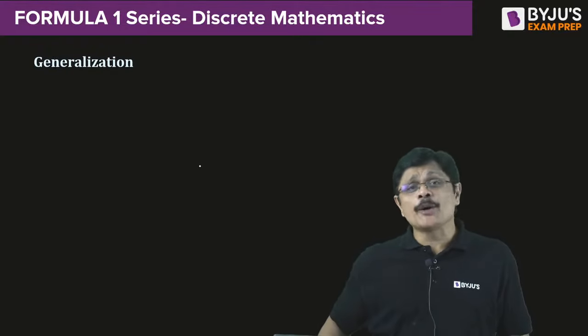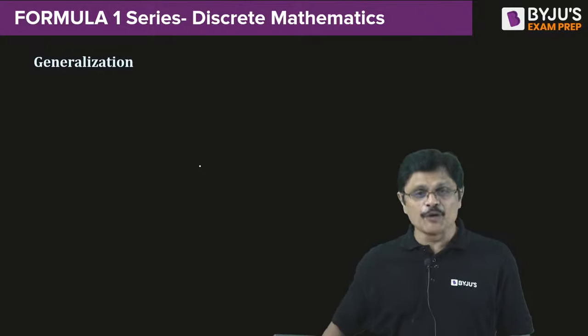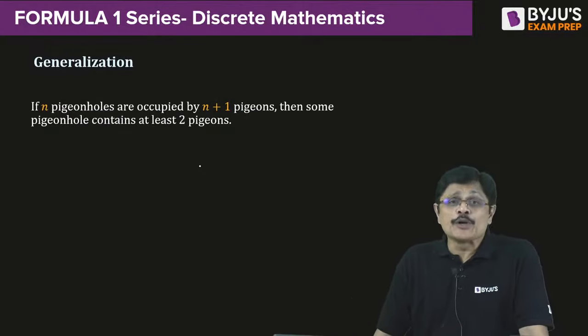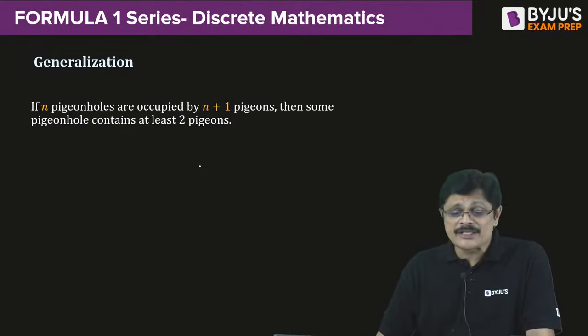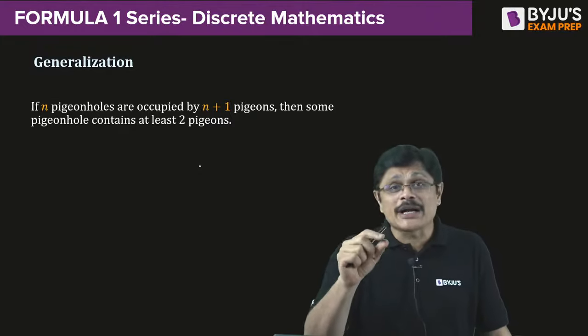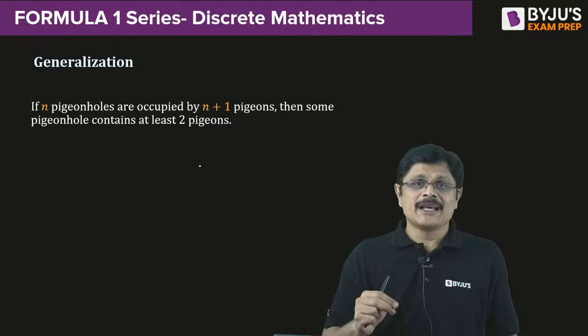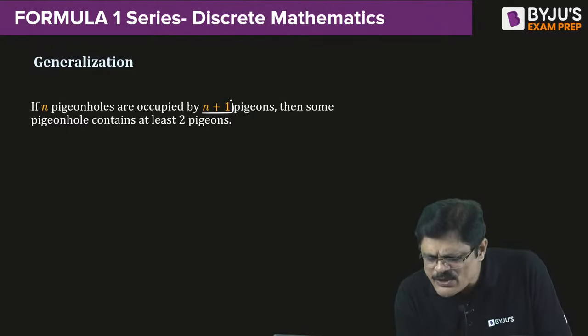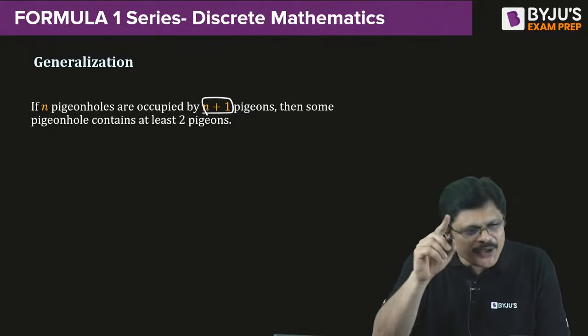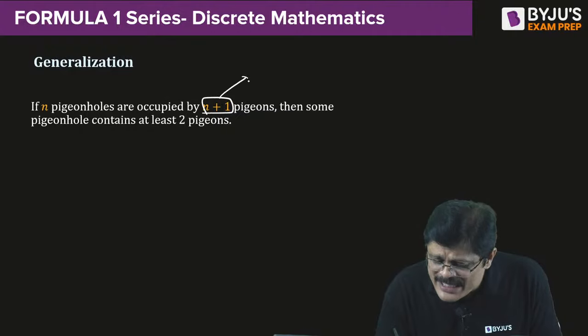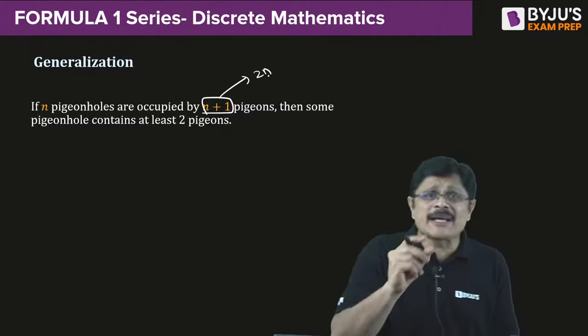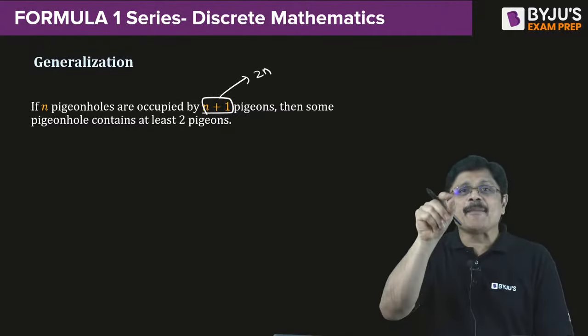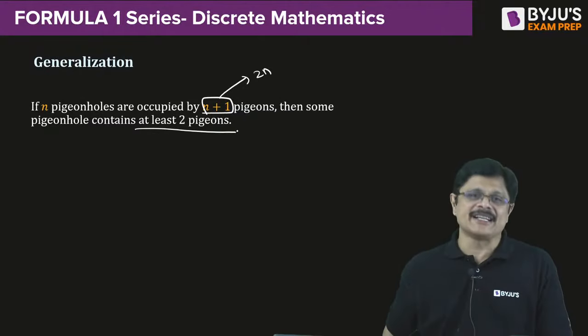Generalization. This pigeonhole principle actually can be generalized. See, I'll give you a beautiful result here. If there are n pigeonholes and n plus 1 pigeons, then some pigeonhole should contain at least 2 pigeons. Actually, n plus 1 is the minimum number. But from n plus 1 to 2n, the same result is guaranteed, my dear friends.